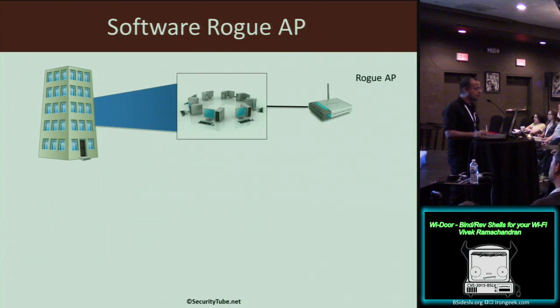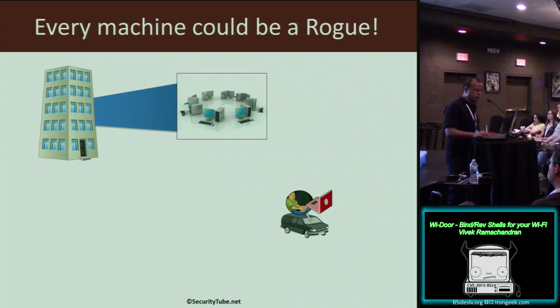Enterprises from a wireless security perspective are always worried about rogue devices. Can I find these devices connected to my network, which are probably open Wi-Fi, or through which someone can connect back? Now, with hosted networks, every machine is actually a rogue AP.